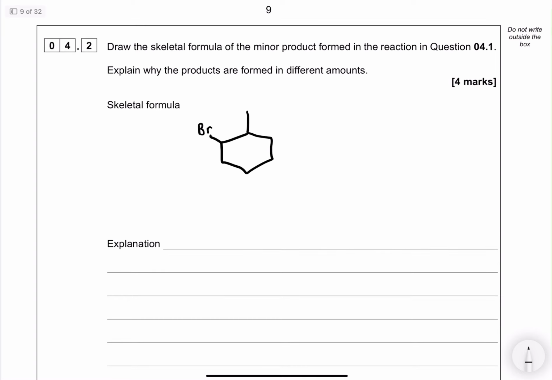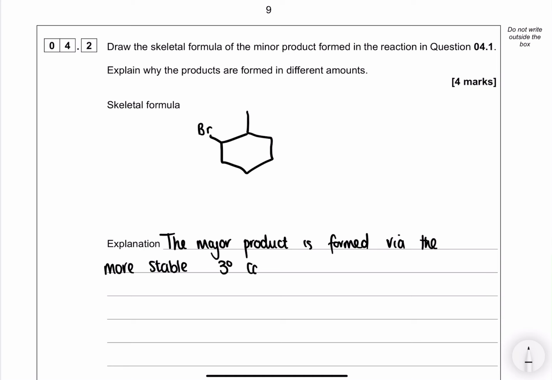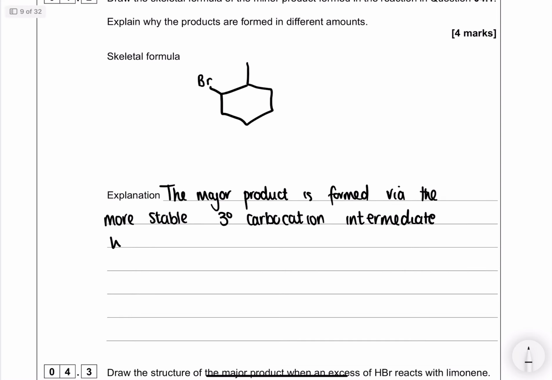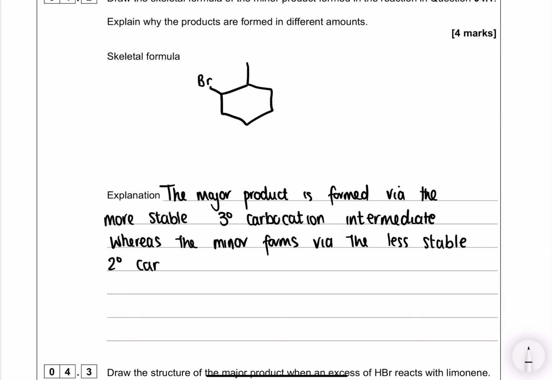So the product we made on the previous page, the major product, is formed via the more stable tertiary carbocation intermediate, whereas the minor forms via the less stable, and in this case it's a secondary because it has two carbons attached to the carbon with the positive charge in the intermediate.